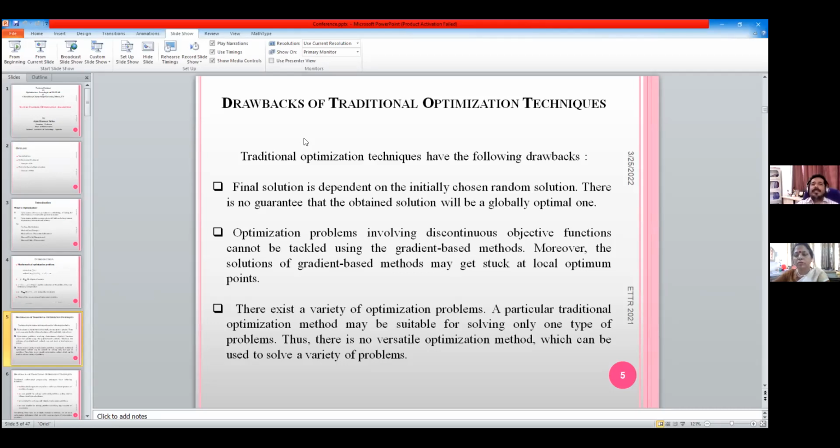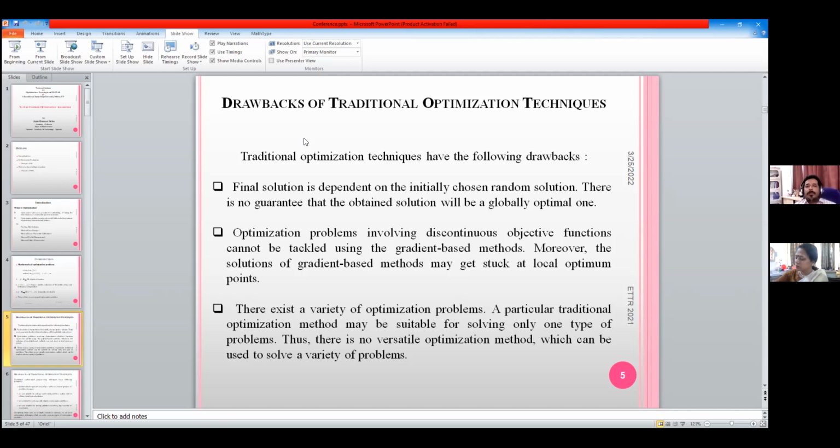Second thing is, if there are a lot of variables. Sometimes we have to work on major optimization problems which come from industry. We have seen that they generally contain even more than 500 variables. When the number of variables is very huge, traditional optimization methods do not work well. Next is the multimodal problem.